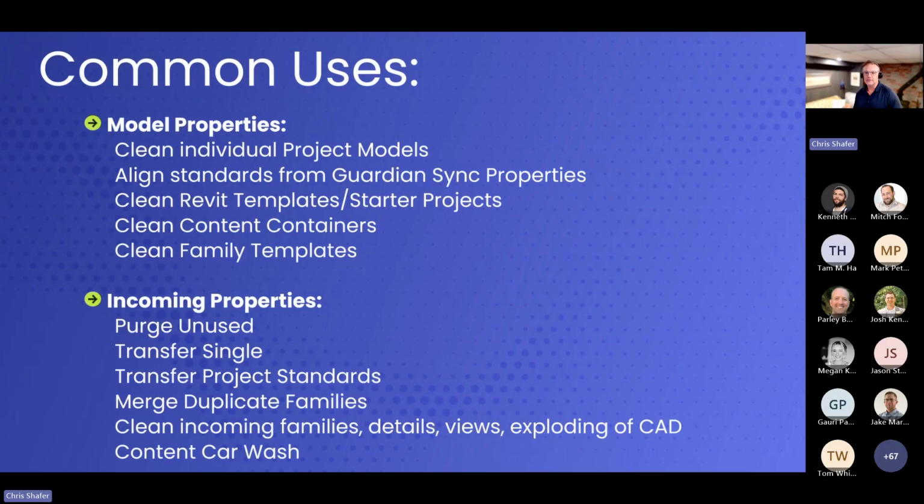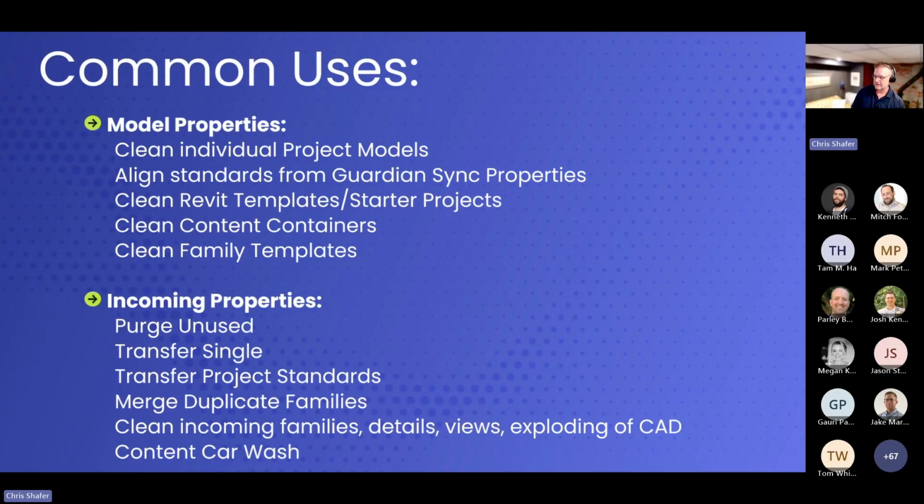As we mentioned before, merge duplicate families, but then really getting into cleaning those incoming families, details, views, and even exploding CAD files. If you don't have proactive protection on exploding CAD, Guardian will launch to clean that CAD content and convert it to Revit properties.